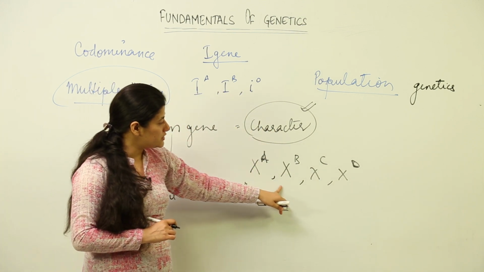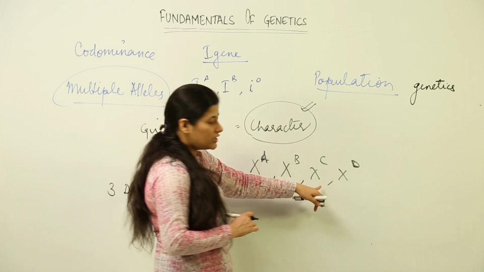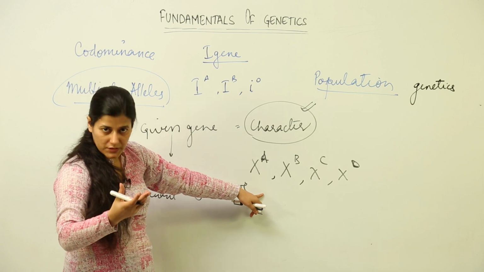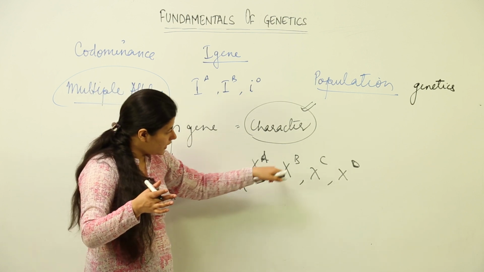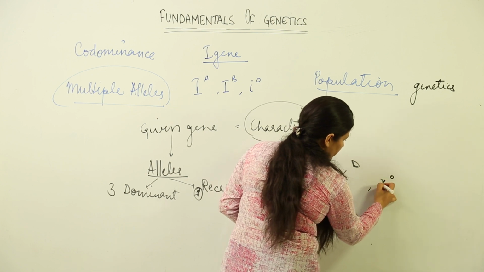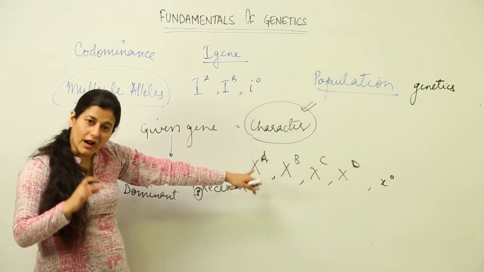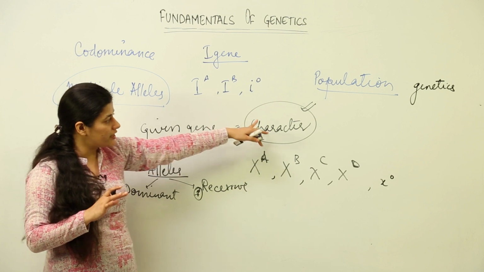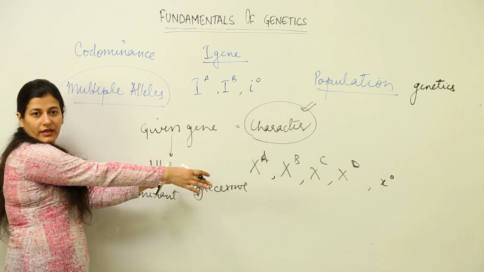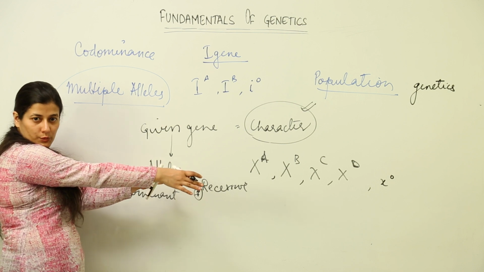Supposedly this gene is particularly responsible for the character of a voice. Now all these A, B, C, D and this small x, these alleles are going to contribute to the characterization of that particular character we are talking about, but the gene has as many alleles as we have seen over here.